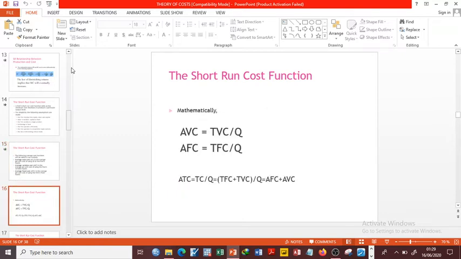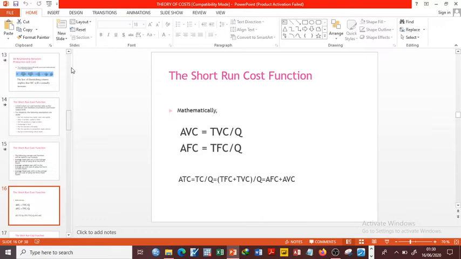Now, let's look at the mathematical estimation of these costs. Average variable cost, like I've said, is total variable cost divided by output. When we talk about output, we mean the total output produced by the firm. And average fixed cost is total fixed cost divided by the output, right? But of course, average total cost is total cost divided by output, whereby we know that total cost is given by total fixed cost plus total variable cost.